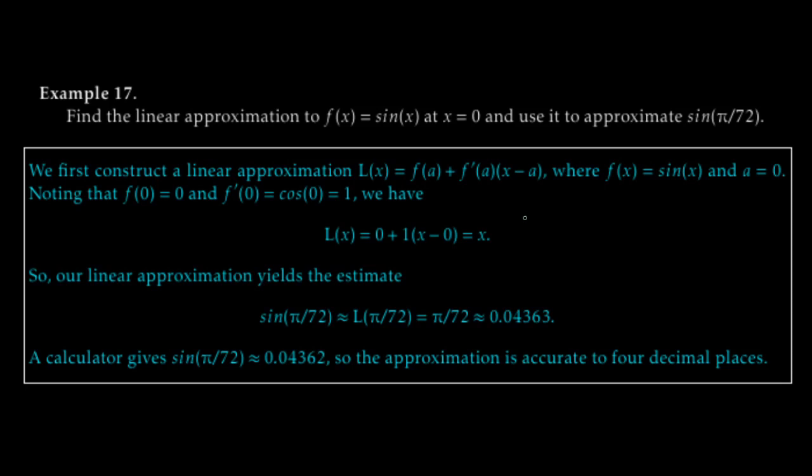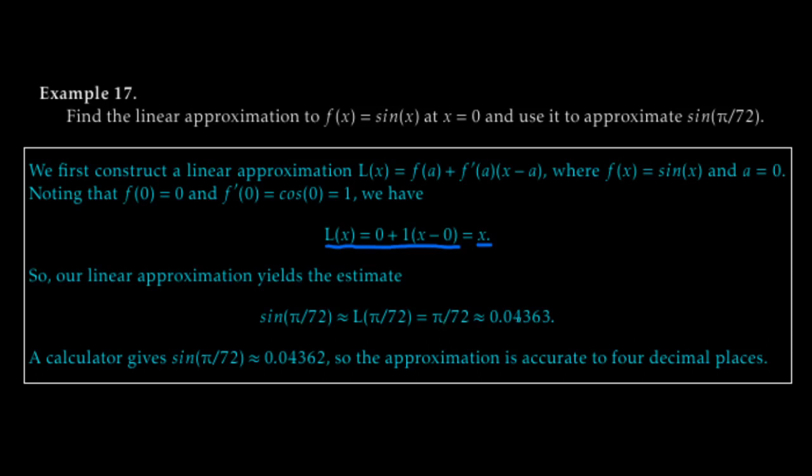So since sine of 0 is just 0, and since f prime of x is cosine of x and cosine of 0 is 1, we get that L of x is just 0 plus 1 times x minus 0. It's just x. So our linear approximation yields the estimate that sine of pi over 72 is about pi over 72.